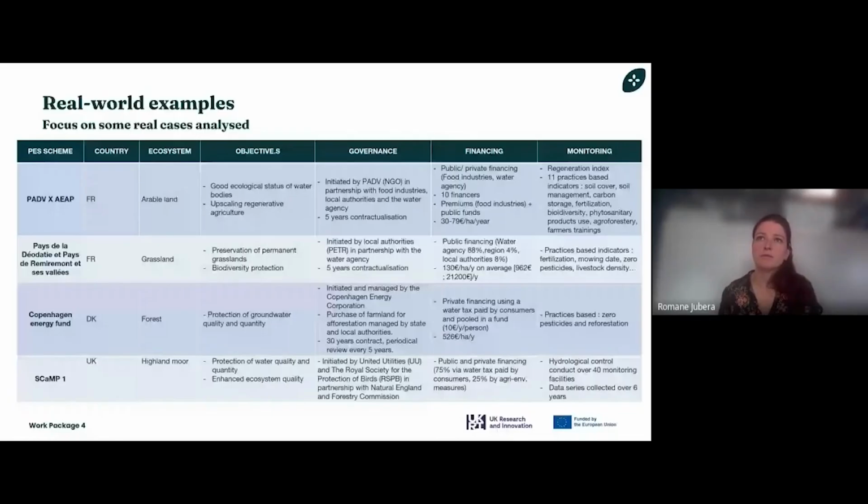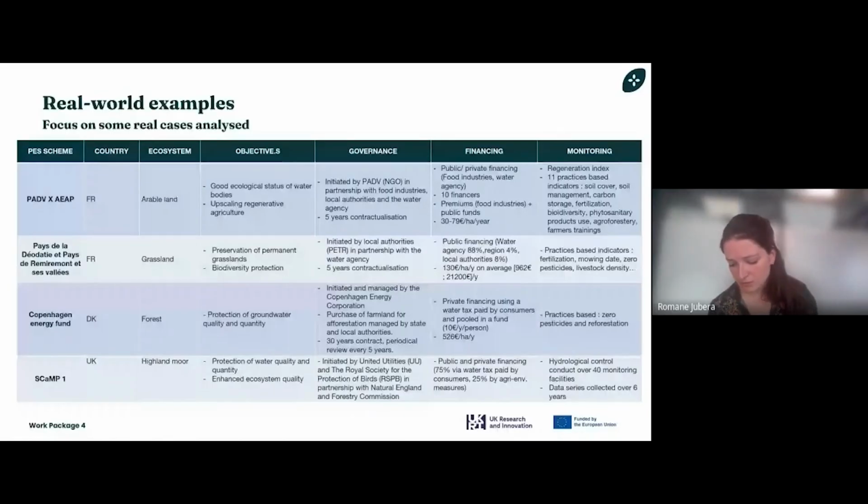The other one that we thought would be interesting is on grassland, also in France, and also financed by the water agency with a 5-year contract. This one seeks to preserve permanent grasslands. We can question the concept of additionality here, because the farmers are paid just to maintain their practices.